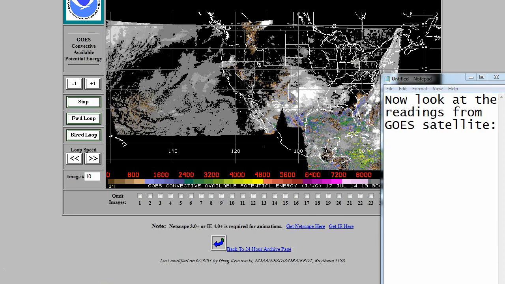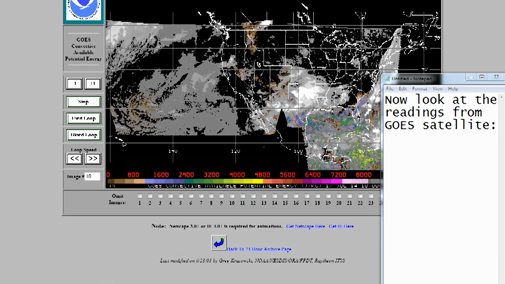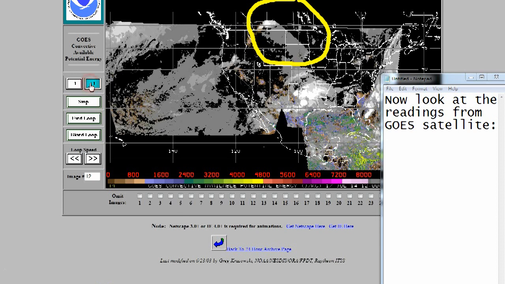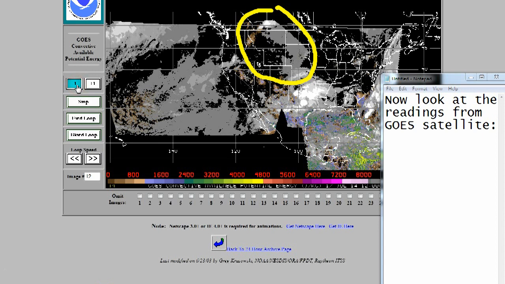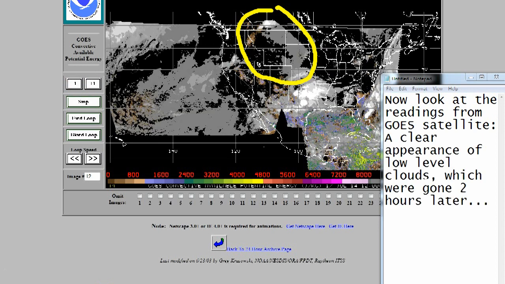Now look at the readings from the GOES satellite. A clear appearance of low-level clouds, which were gone 2 hours later.